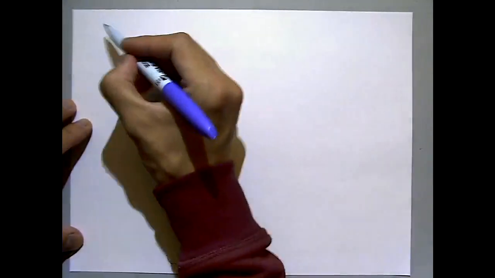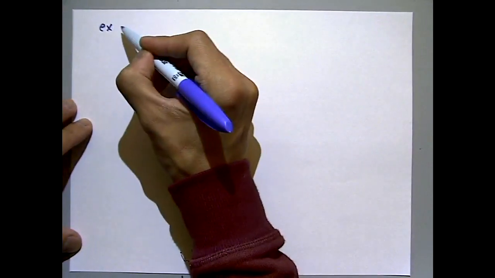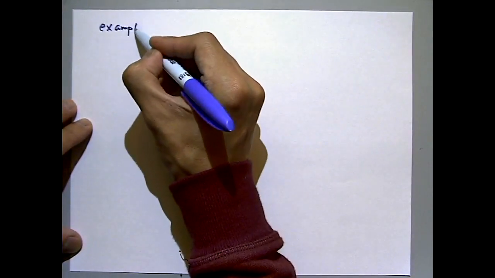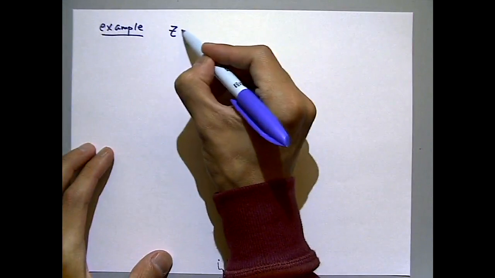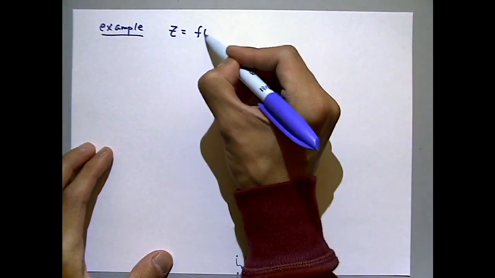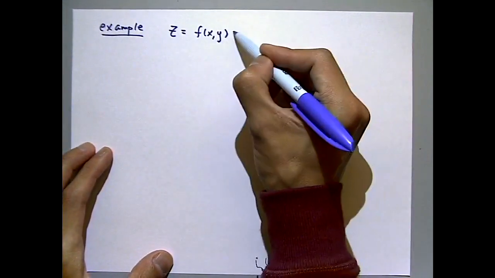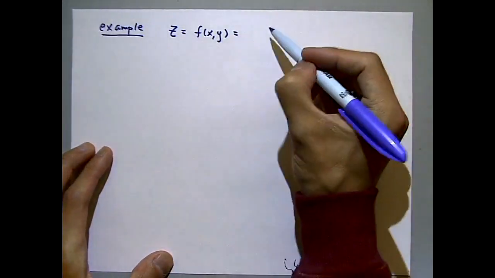Okay, let's try this on something. Z is equal to f of x, y. So two variables, three-dimensional.